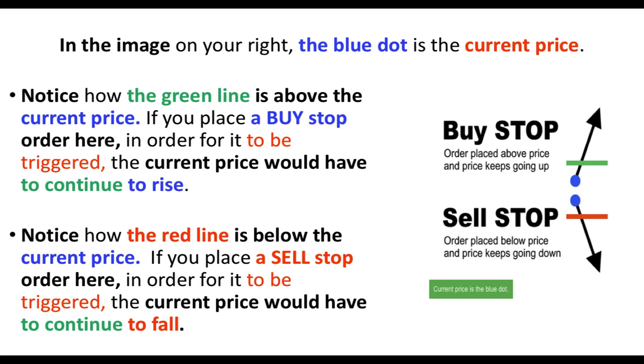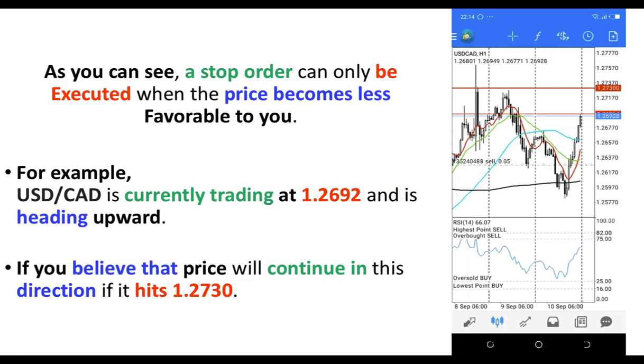Fall below the red line or exactly at the red line for it to trigger your sell stop order. As you can see, a stop order can only be executed when the price becomes less favorable to you.